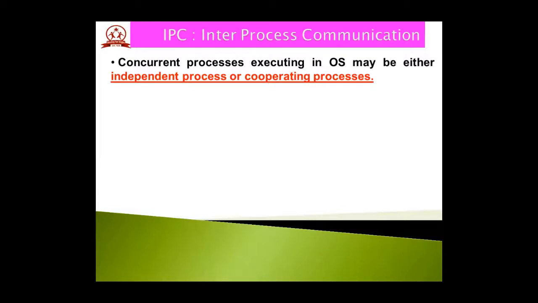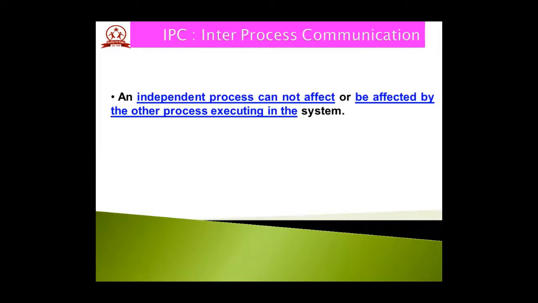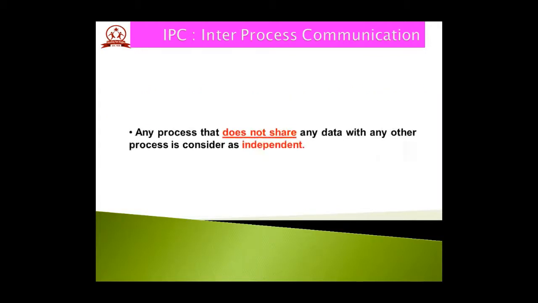Now, concurrent processes executing in an operating system may be either independent or cooperating. Let us understand when two processes are called independent and when they are called cooperating processes. An independent process cannot affect or be affected by the other processes executing in the system. It means two processes which are not dependent on each other for any resource can be called independent processes, and they cannot be affected by other processes executing in the system.